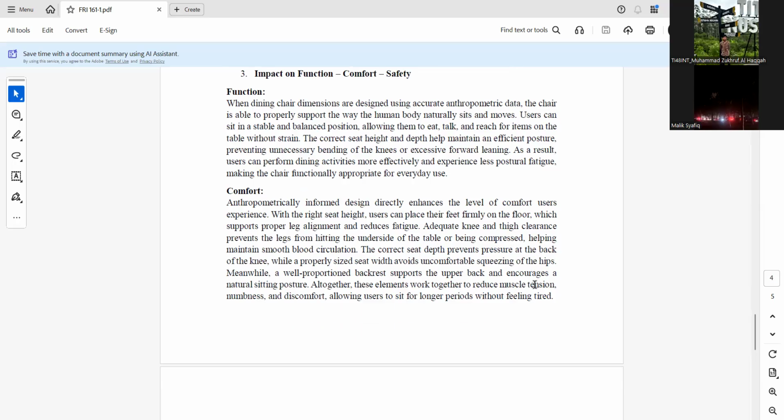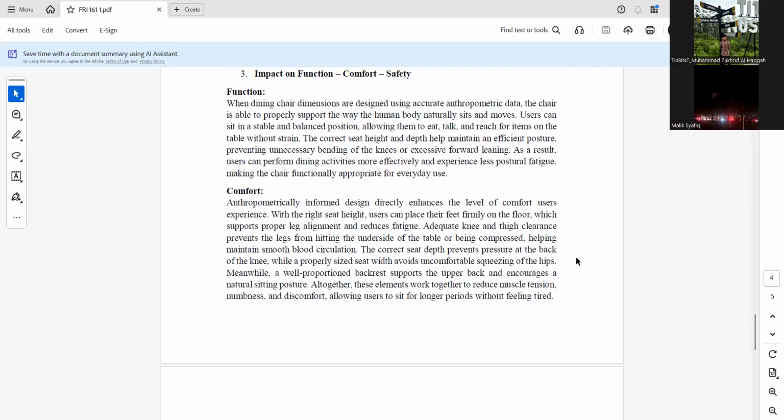And for the comfort, this chair will increase the level of comfort that users experience. Because we have measured the seat height, the user can firmly place their feet on the ground. So it will support proper leg alignment and reduce fatigue. It will also prevent the legs from hitting the underside of the table and being compressed.